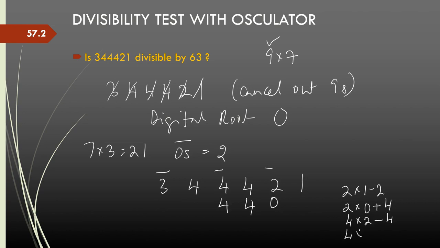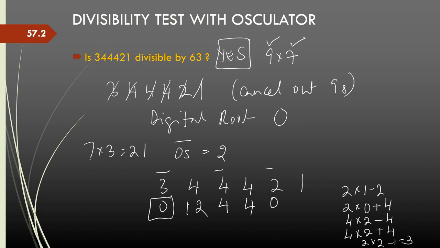Then it is 4 times 2 plus 4, which is 12. And then the last step is 2 times 2 minus 1 minus 3, which is 0. And 0 is divisible by 7, and hence this number is divisible by 7, and hence this number is divisible by 63.